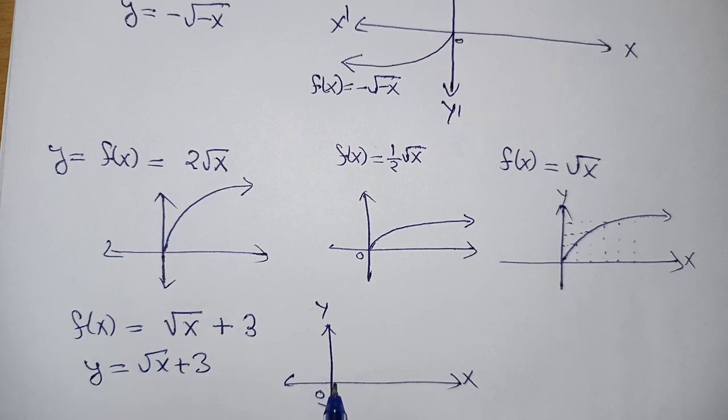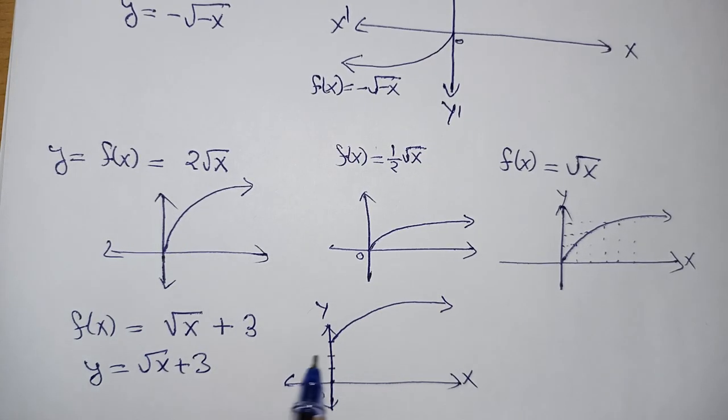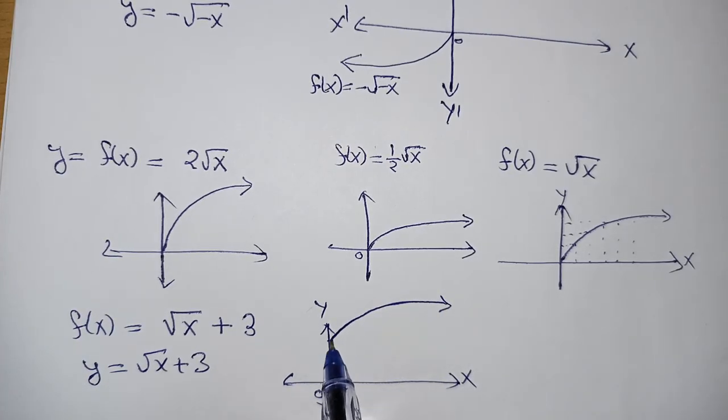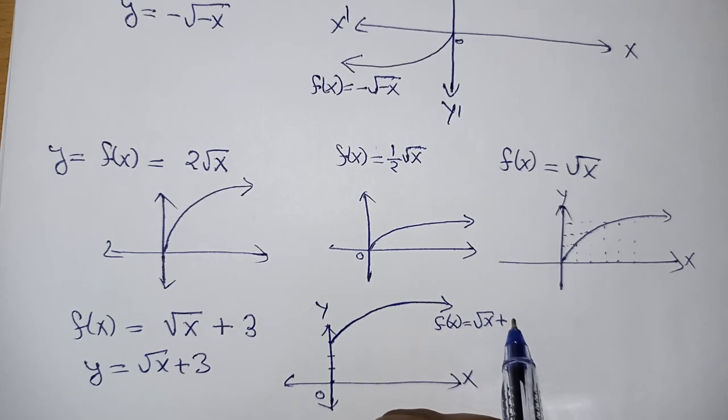So suppose initially the graph started from the origin, so when you take 0, y will be not 0 but 3. That means here, 1, 2, 3. So the graph will start from this point and the rest will be the same, correct? So this is f of x equals square root x plus 3.